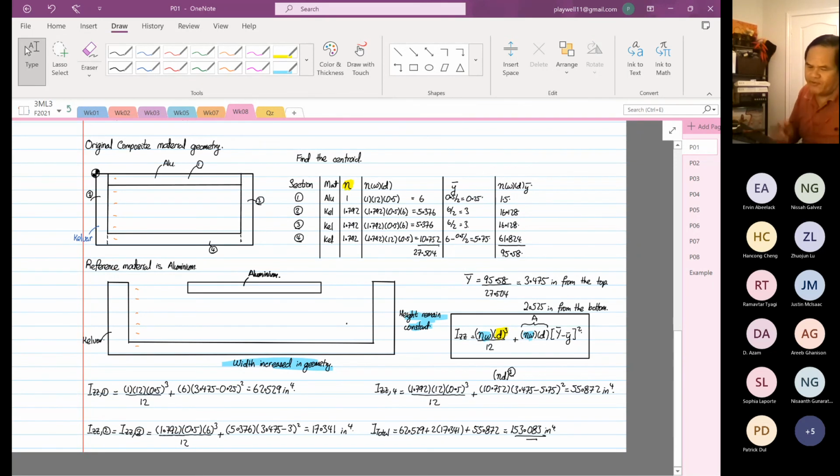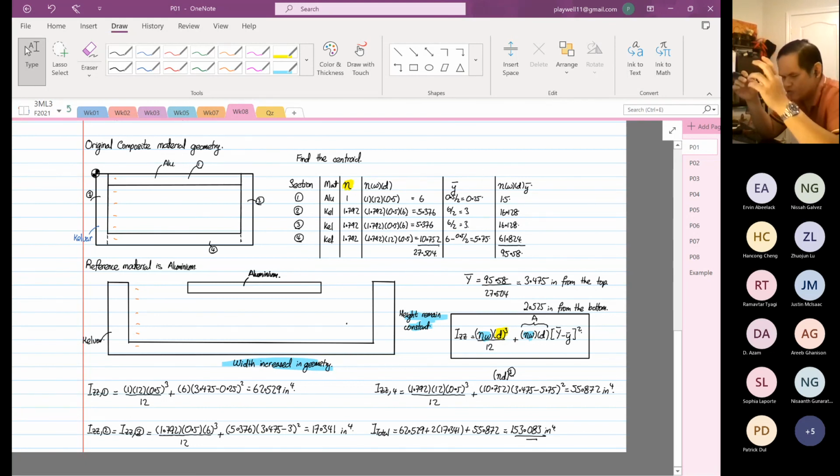I'm going to touch briefly on composite material under axial loading, because in the next section we're going to look at eccentric symmetrical loading. So in eccentric, so we've been doing centric so far. Eccentric has an axial load.